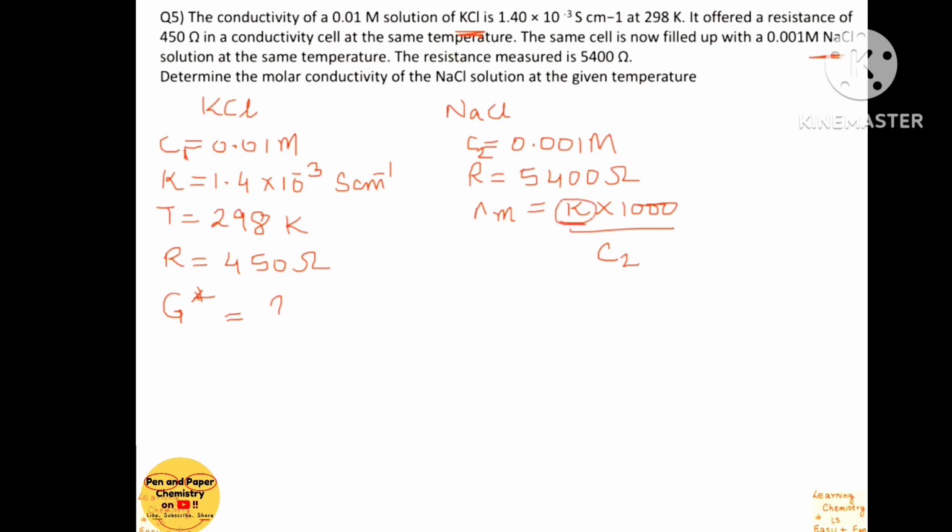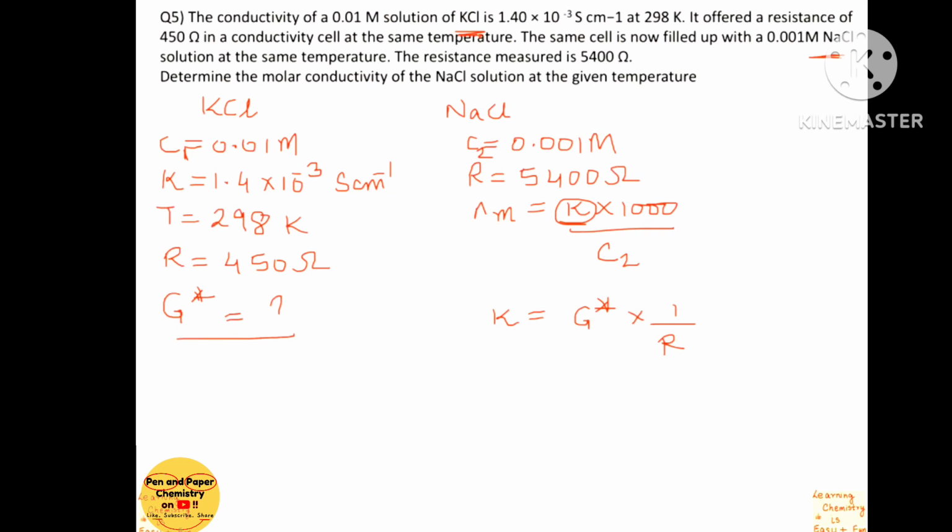Because you want conductivity over here, conductivity is the cell constant into 1 by R, correct? And how do you determine the cell constant over here? Try it. Did you try it? Did you think about it?